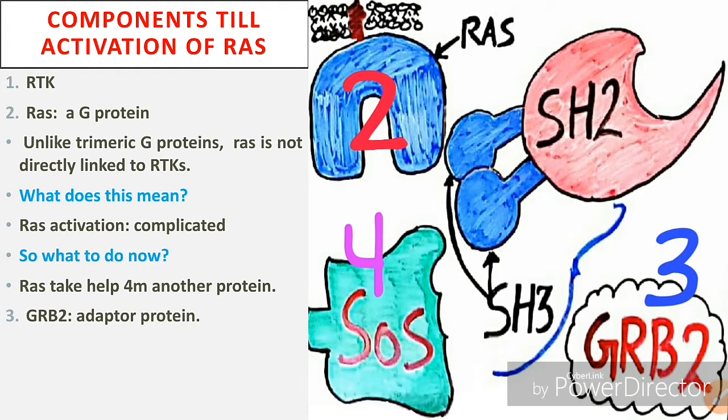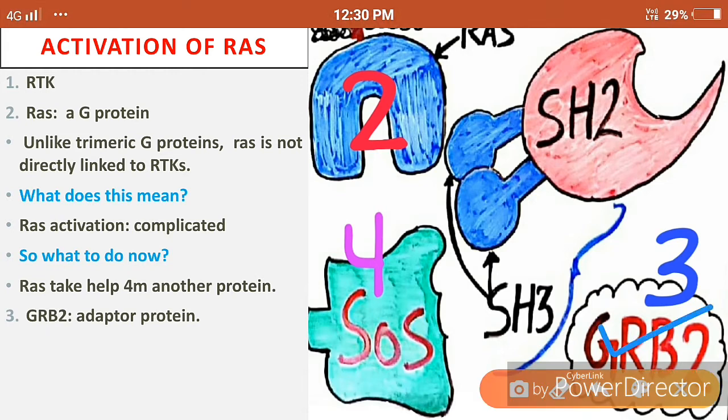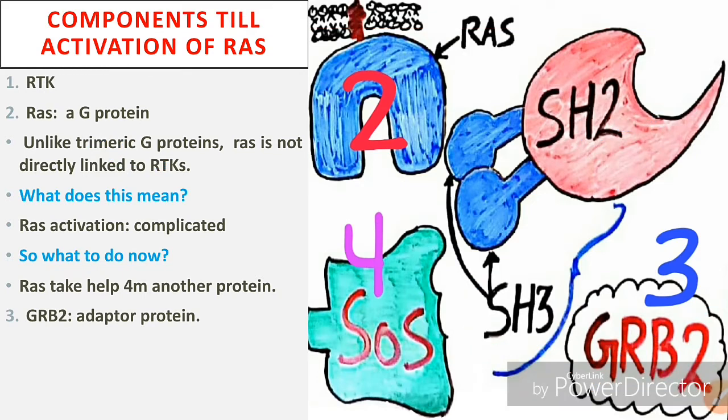This is a linker, technically known as an adapter protein, which links the RAS protein to the receptor. Now this GRB2 has two domains. First one, the SH2 domain, and the second we have is the SH3 domain, and we are going to discuss these domains later.